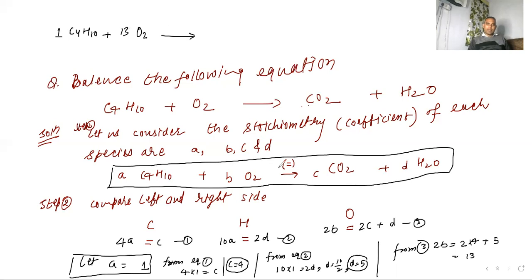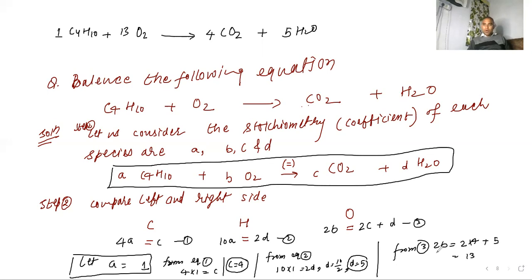But for O2, don't we have to divide it by 2, because 2B is equal to 13?